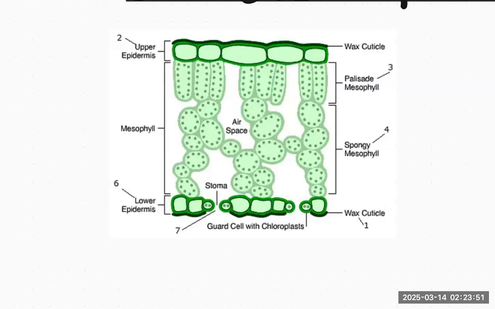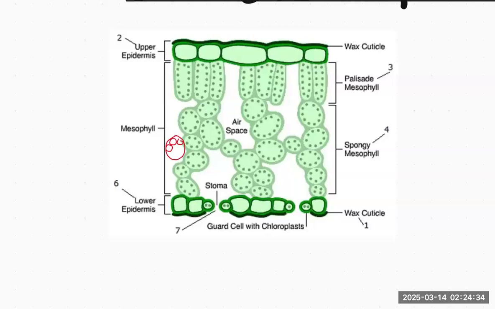Then it's not drawn over here in this diagram, but you also have your vascular bundle. A vascular bundle is composed of xylem vessels and phloem vessels. I'm going to teach you guys in detail about what xylem vessels and phloem vessels are when we do the topic of transport in plants.